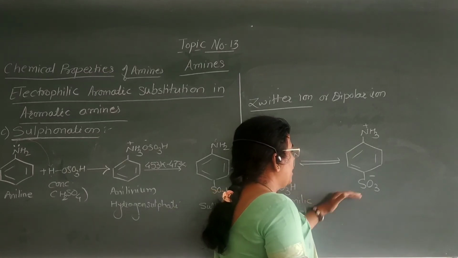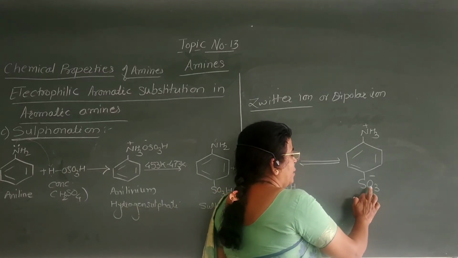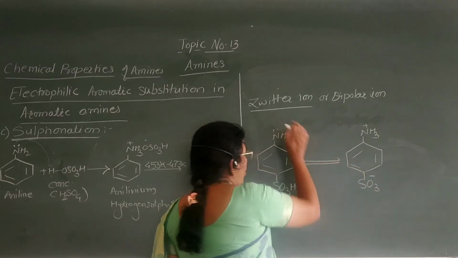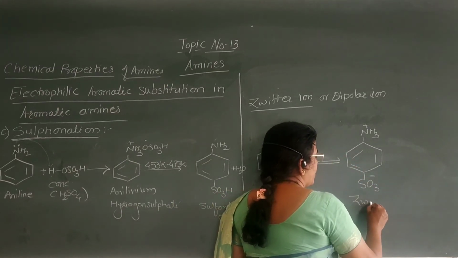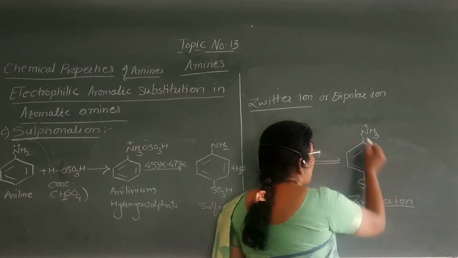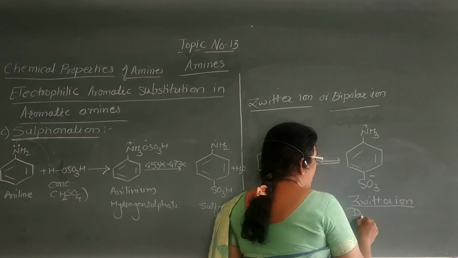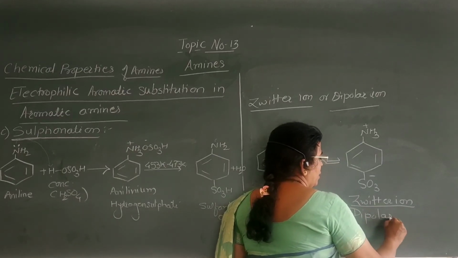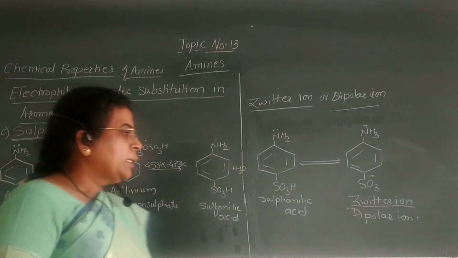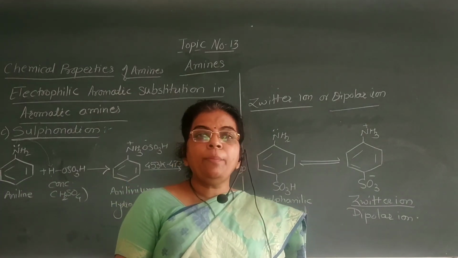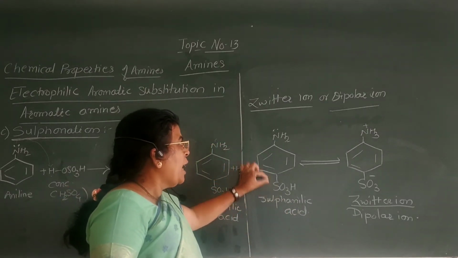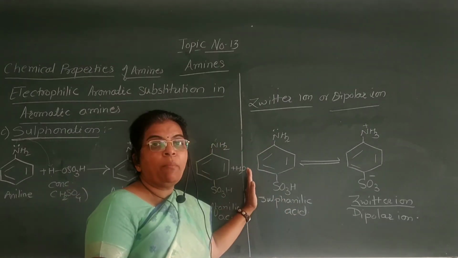Now this salt of sulfanilic acid is called a Zwitter ion, or it is also named a dipolar ion. This Zwitter ion or dipolar ion is formed due to presence of acidic and basic groups in the same molecule.